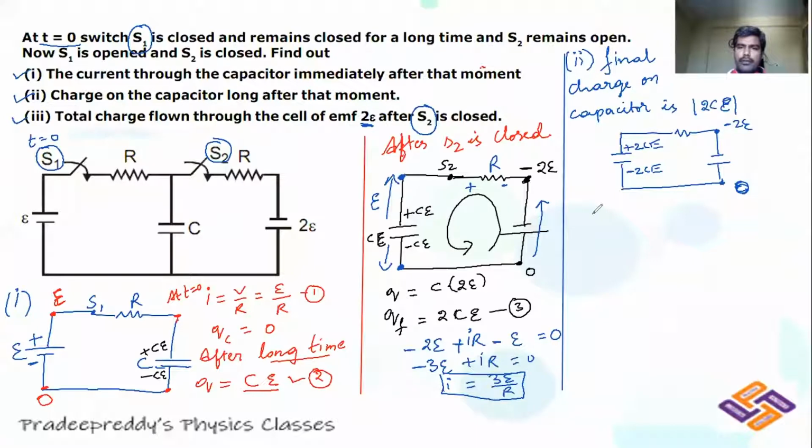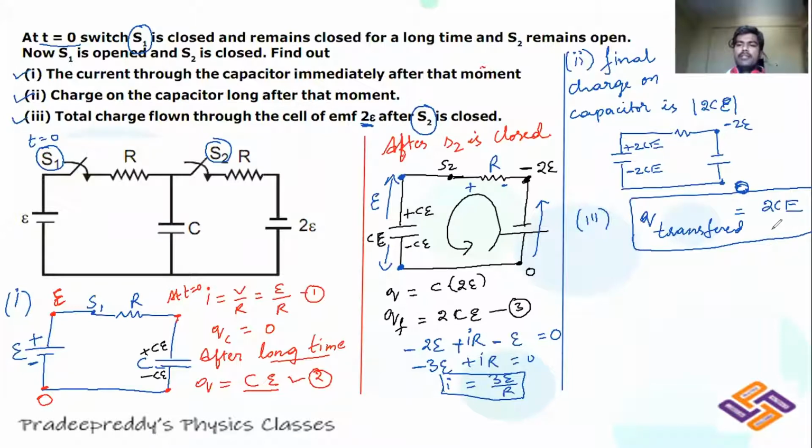The charge transferred, Q transferred, will be equal to 2 times C. This is the final answer for the charge transferred when the switch S2 is closed after a long time.